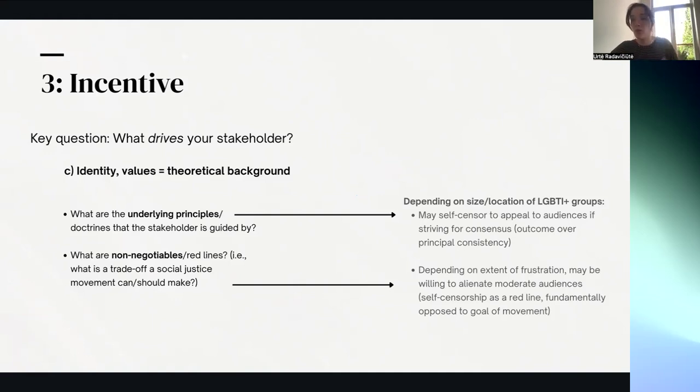And to those types of movements or those types of individuals, self-censorship would be a red line that they would not be willing to cross in their actions. And it would be fundamentally opposed to the goals of the movement or to the way that they want to present themselves and express their identity.